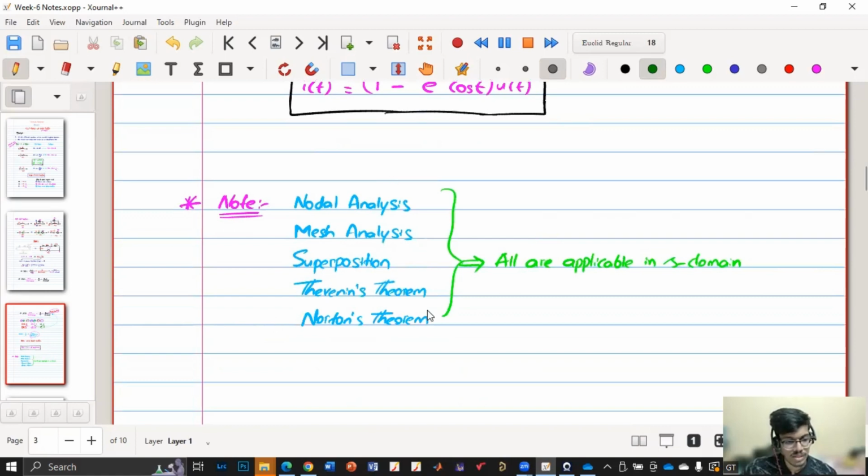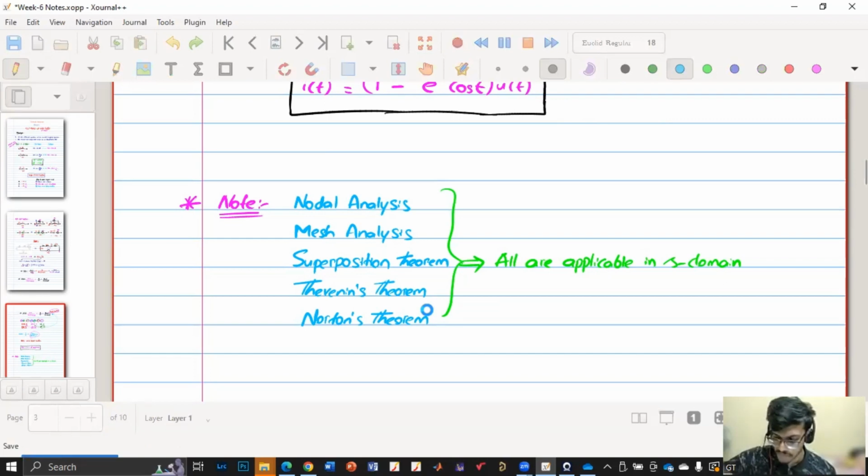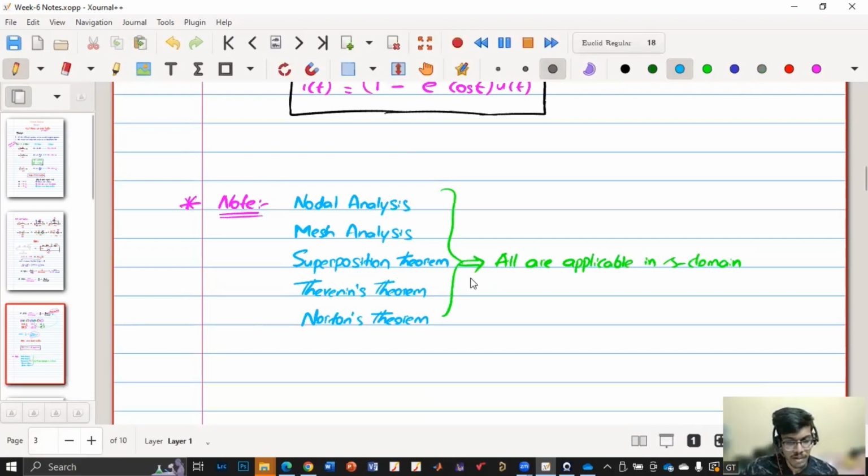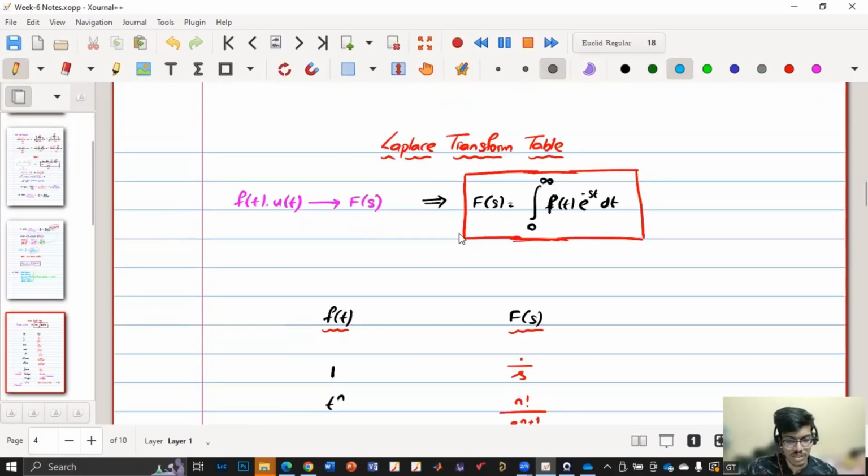And all these analyses, superposition theorem, Thevenin's theorem, Norton's theorem, everything can be applied in the Laplace domain also. There is no such restriction.